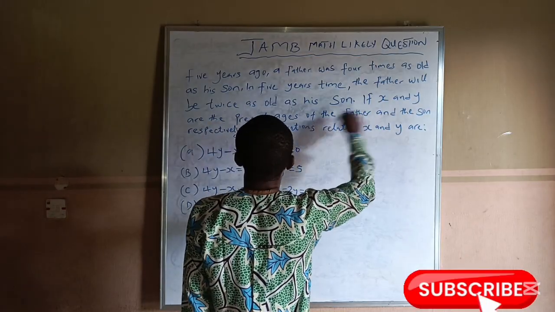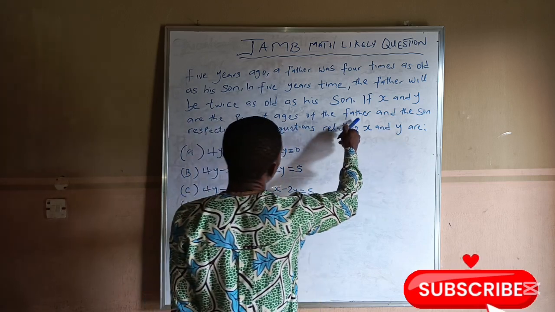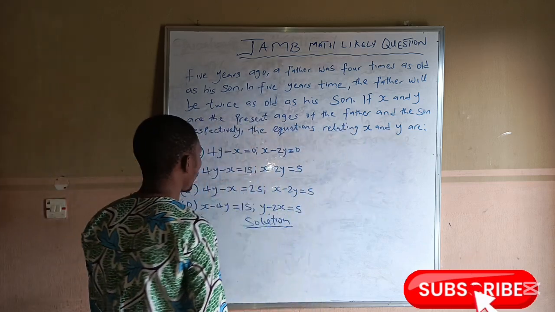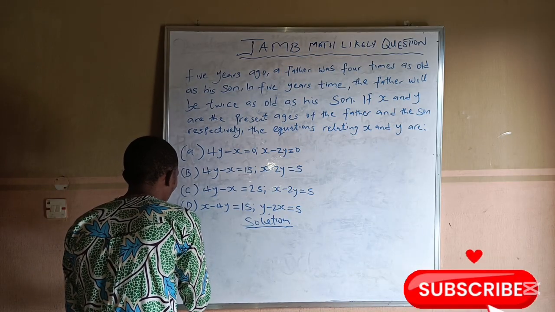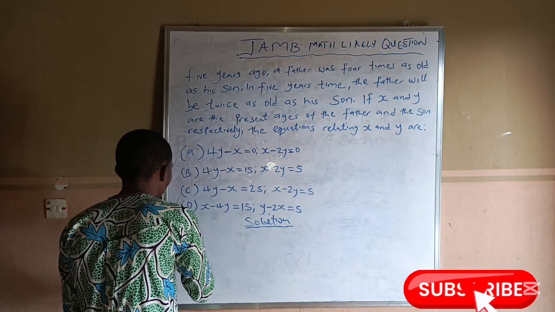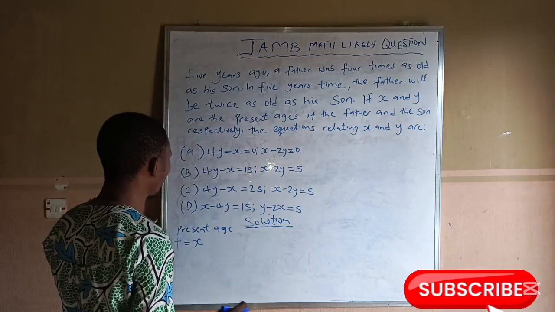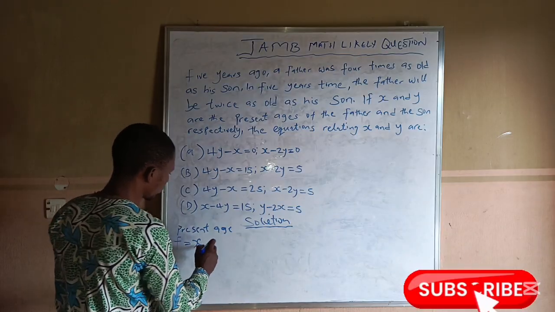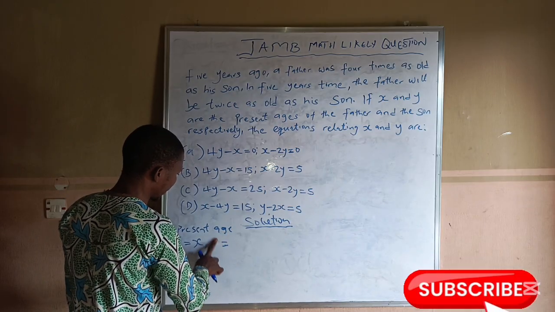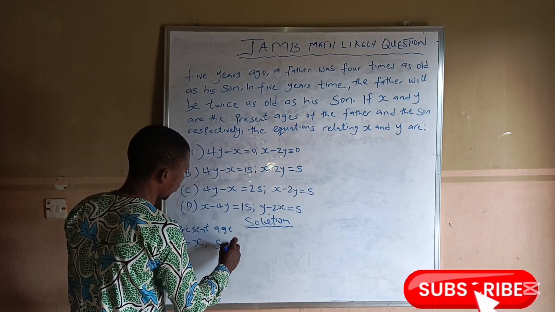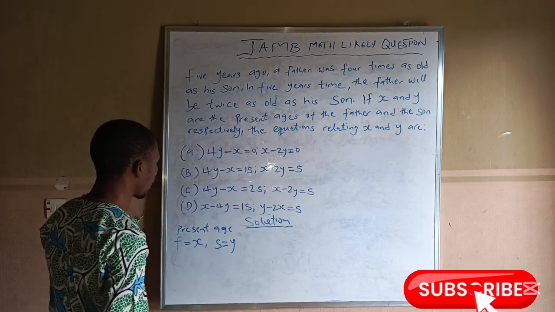If x and y represent the present ages of father and son, I will begin from their present ages. Father's age, let's say f for father, f equals x, for the present age of both of them, and s, which is for son, s equals y. Now this is the age of the father, x, and the age of the son is y.